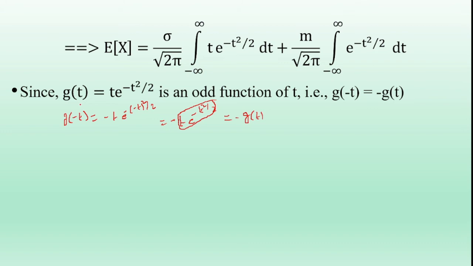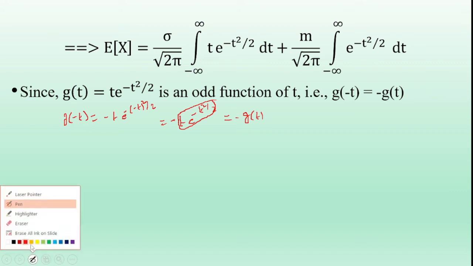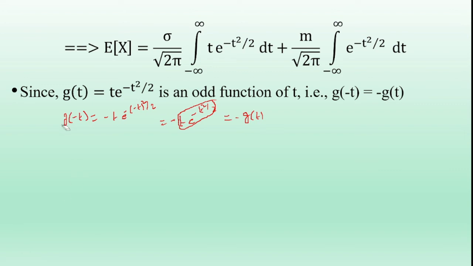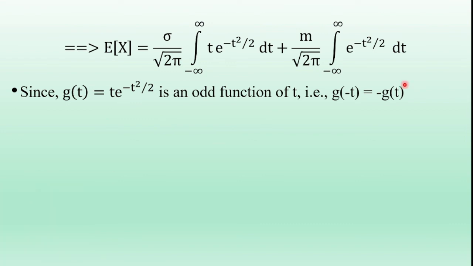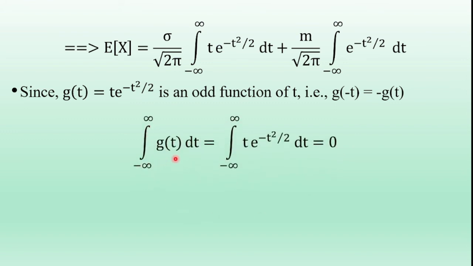Substituting t equal to minus t, g of minus t is equal to minus g of t. So the function g of t is an odd function. Therefore, integral from minus infinity to infinity of g of t dt is equal to 0. That is, the integral of t into e power minus t square by 2 dt is equal to 0.